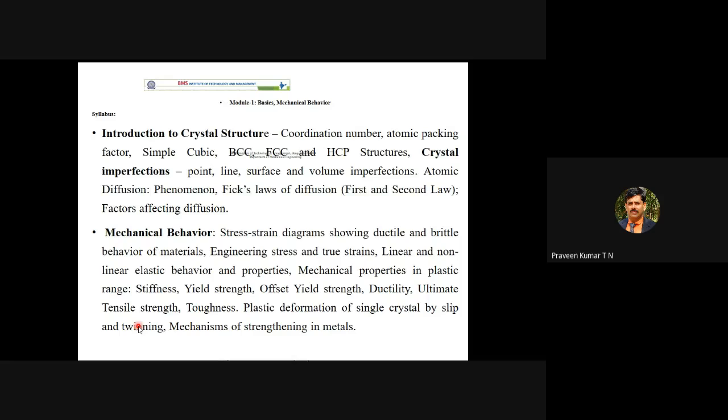Even though you say it is a single crystal, don't think that it consists of only one unit cell. It has many unit cells even in a single crystal. Even a diamond crystal, maybe 1 or 2 centimeters in size, has many subunits.